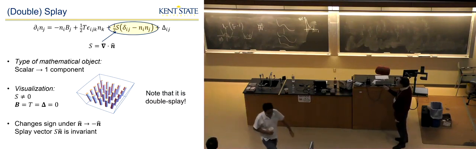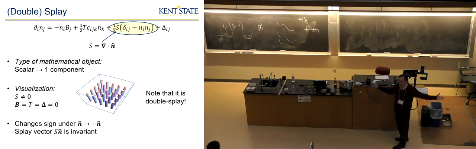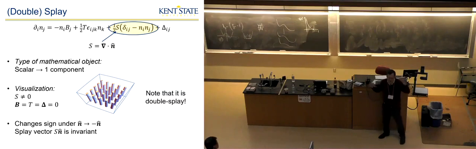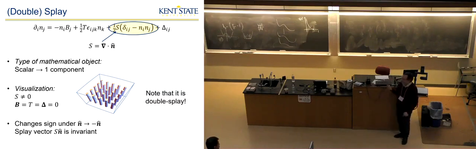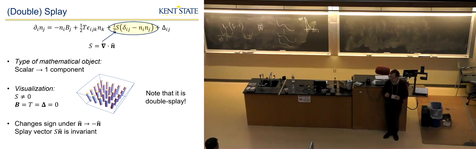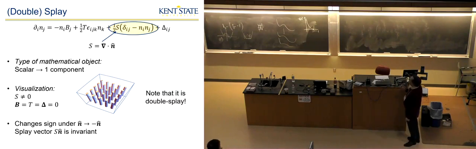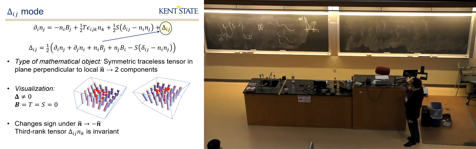You can do that by just taking s times n itself. That for sure has 2 powers of n, so it is invariant. That's something I'm going to call a splay vector in contrast with the splay scalar up there. It's a vector that is forced to be parallel to n, so it doesn't have freedom of direction. It's a vector along n.